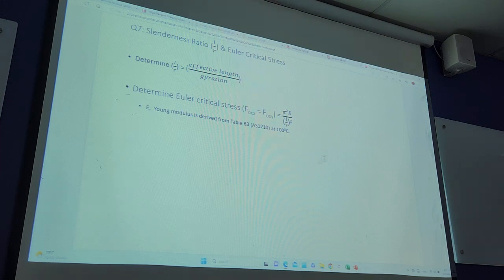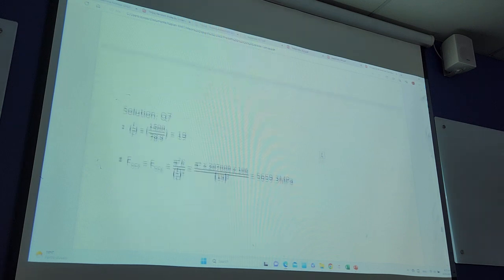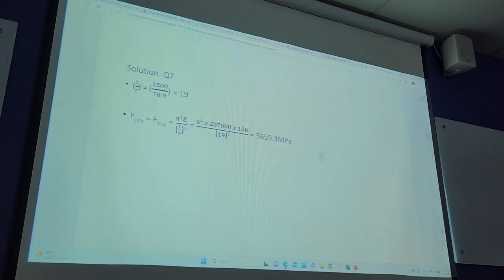So let us look at the solution here. Slenderness ratio: effective length is 1.5 times the length of our column, and then this our radius 78.9, we get 19.